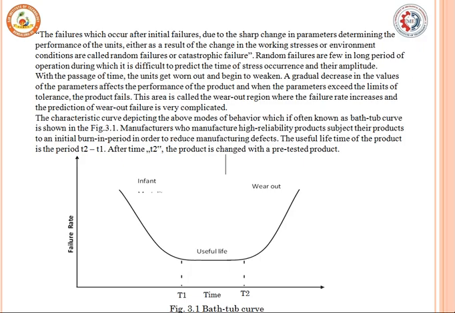If some parts added in the system still have some life, they will start wearing out gradually with respect to time. So this is known as the bathtub curve. When you talk of reliability, the bathtub curve is very important, and this has to be kept in mind.